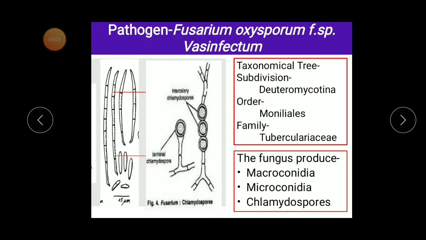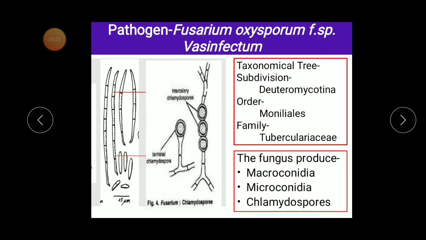Then the chlamydospores are dark colored and thick-walled. Usually they come as intercalary, and they can also appear as terminal chlamydospores. So this was the structure of the pathogen Fusarium oxysporum f. sp. vasinfectum.